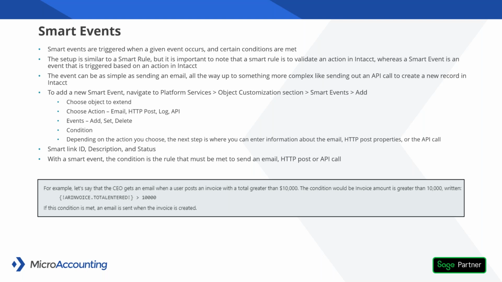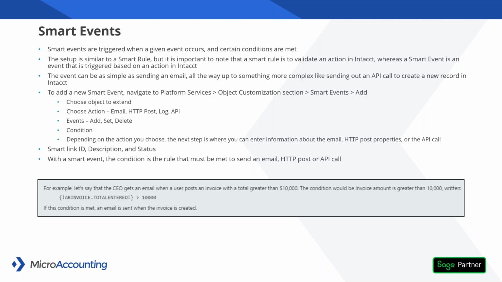The next option would be HTTP post. Given the required condition, the HTTP post method requests a web server to accept the data enclosed in the body of the request message. And it requires a destination that's programmed to handle the post. So an easier way to think about this is you're basically telling Intacct to send data out to an external place.